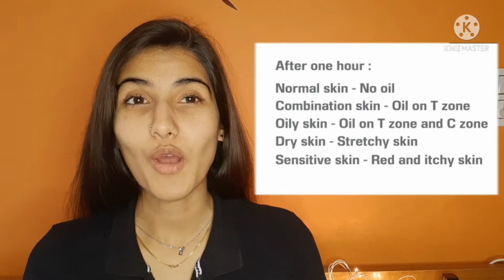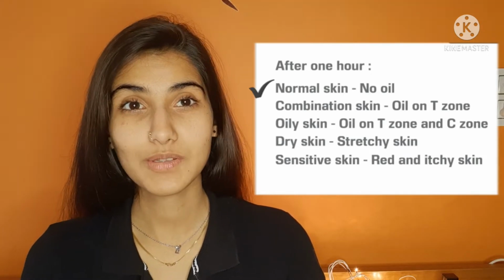What you need to do is wash your face with a cleanser or face wash, pat dry your skin with a towel, and wait for half an hour to know your skin type. Everybody has two zones in their skin: the first is the T zone and the second is the C zone. After washing your face, if your face does not become oily, your skin type is normal.